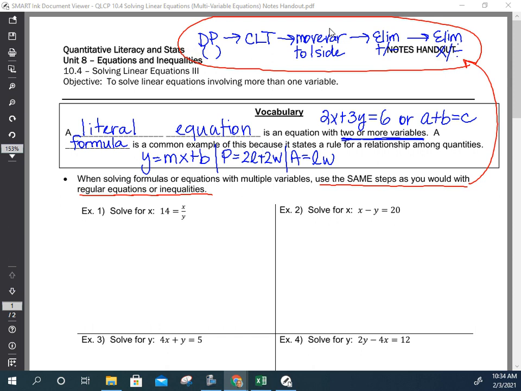If you see multiplying, you divide. Those rules are still the same. So the best way to navigate through this is to look through examples, and that's what we'll spend our time doing today. Any questions before we continue?